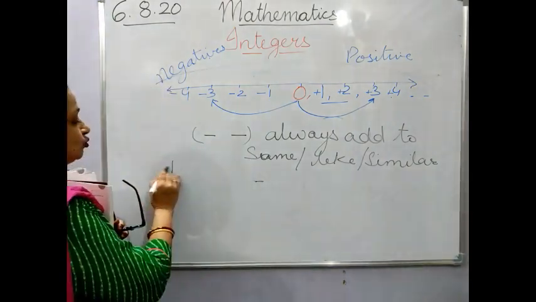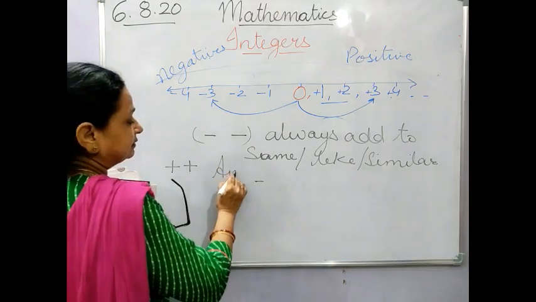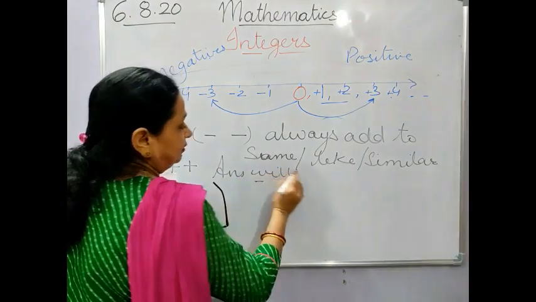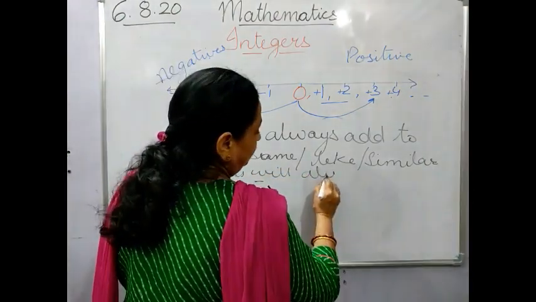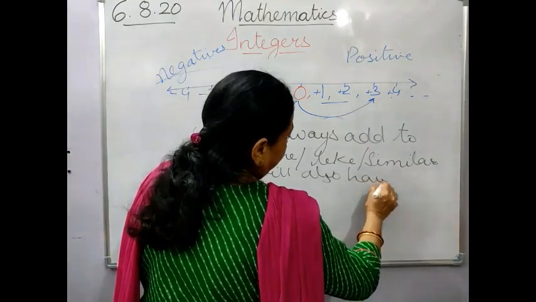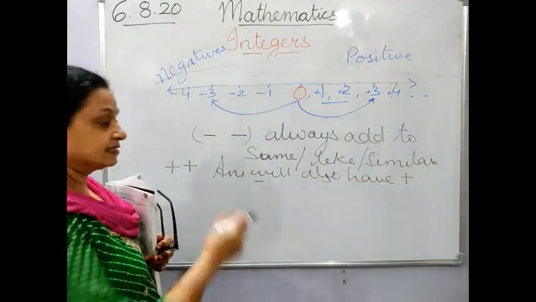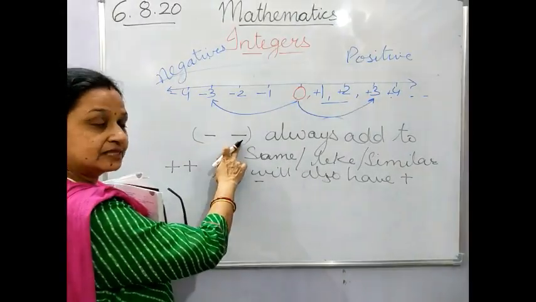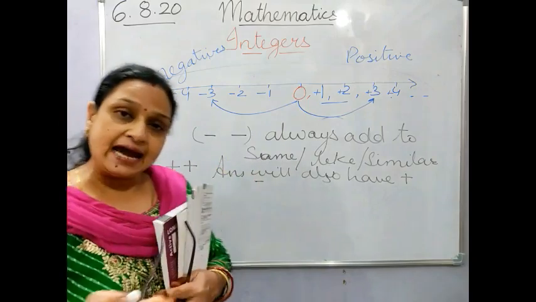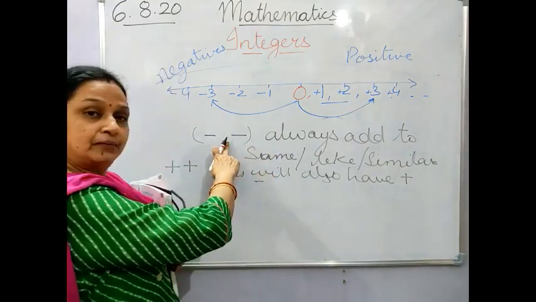If there are two plus signs, the answer will also have a plus sign. You will add the digits and put the plus sign. Similarly, if there are two negative signs, two minus signs, you will add the digits and put the minus sign.